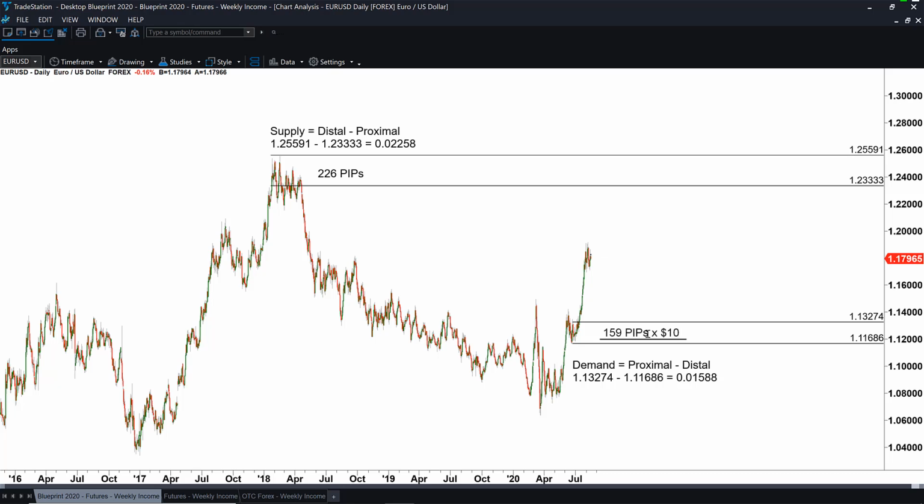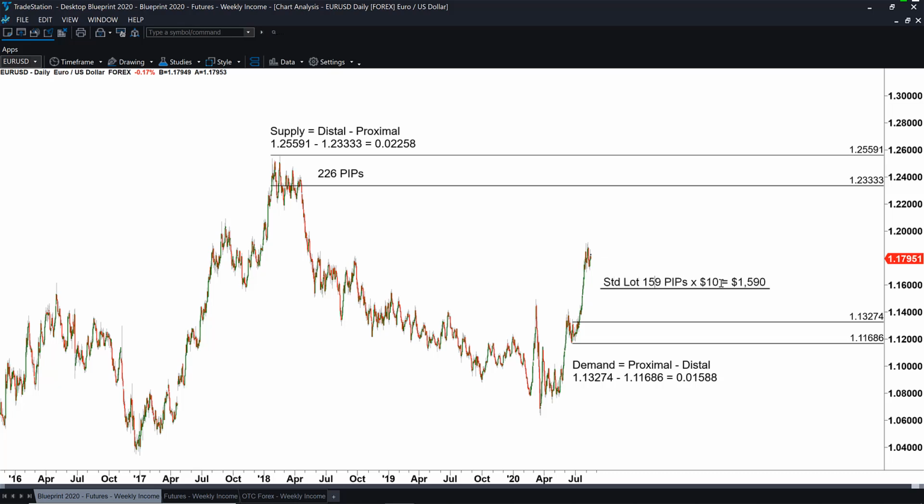Now for a standard lot, it would be $10, and I would be getting a dollar amount of $1,590. Now this is quite a lot, right?